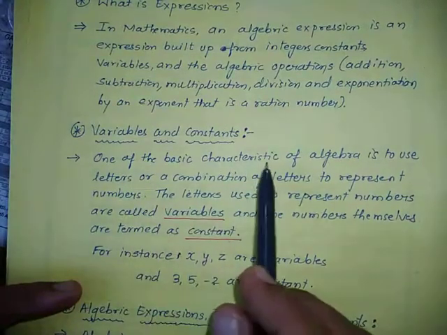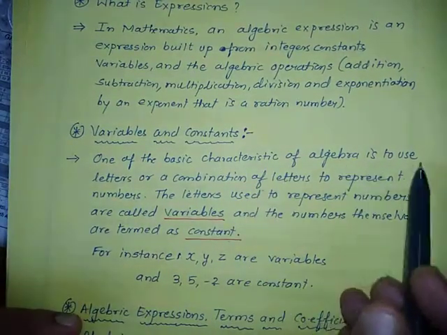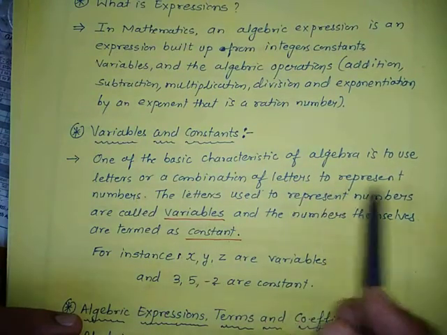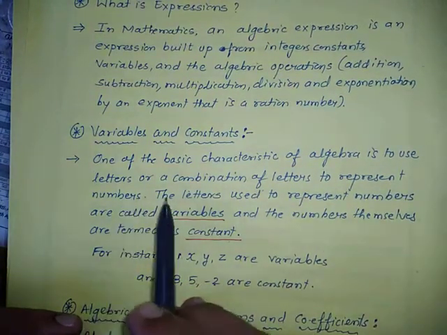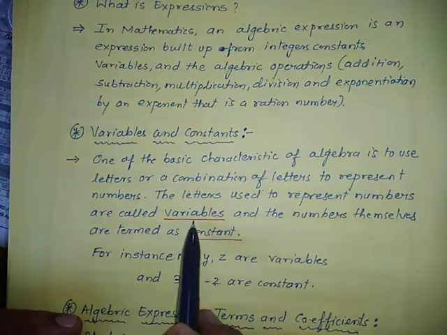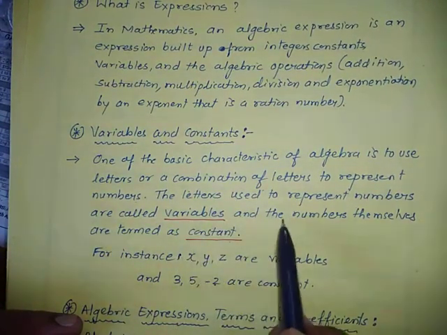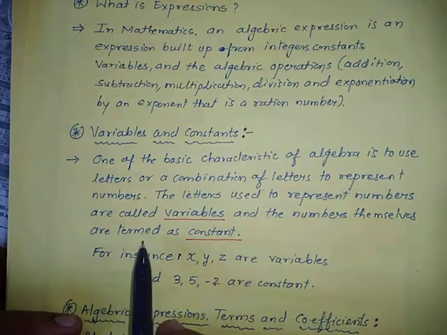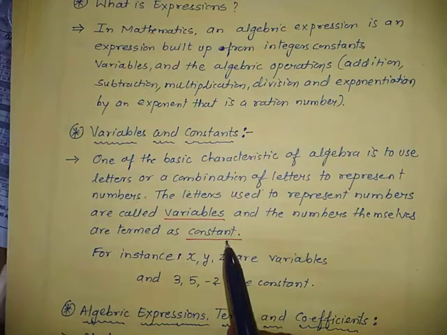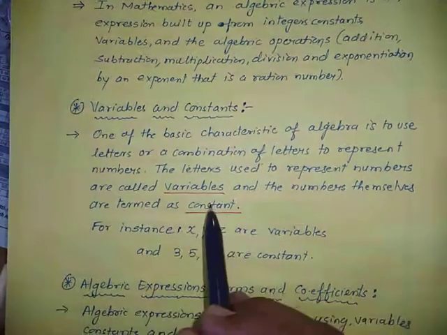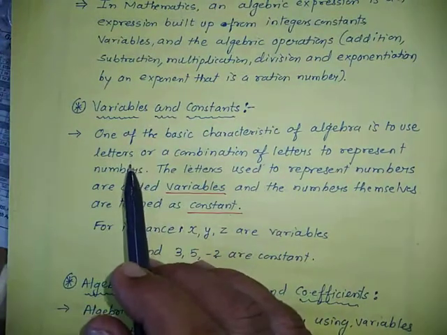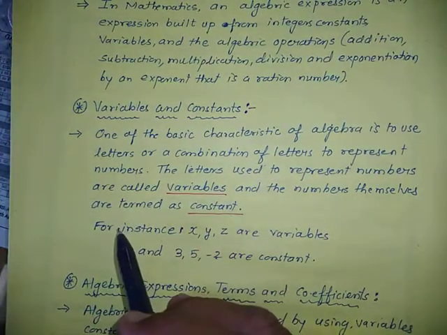One of the basic characteristics of algebra is to use letters or a combination of letters to represent numbers. The letters used to represent numbers are called variables, and the numbers themselves are termed as constant. What does it mean? Variable means unknown numbers, as we have learned in our standard 6th and 7th.